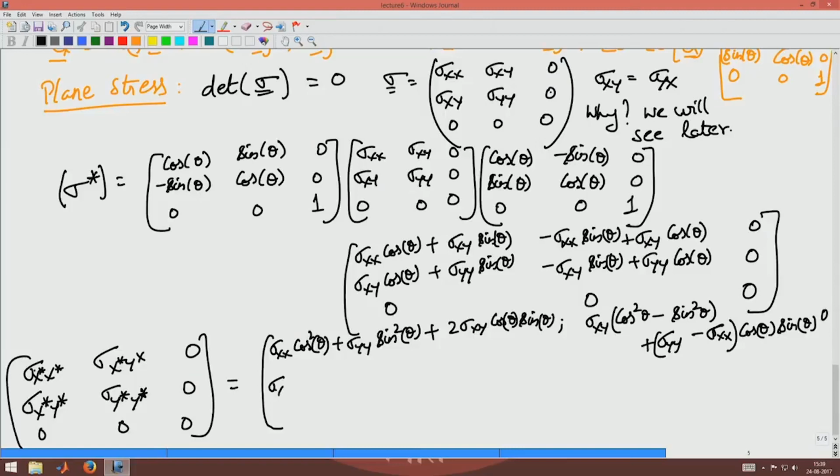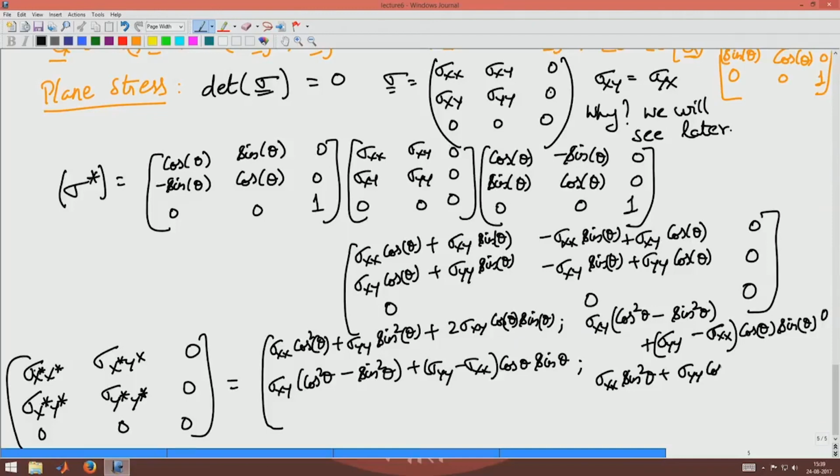Similarly, here this is going to be sigma xy into cos square theta minus sin square theta plus sigma yy minus sigma xx into cos theta sin theta, and the second term here is going to be sigma xx sin square theta plus sigma yy cos square theta minus 2 times sigma xy cos theta sin theta, 0, 0, 0, 0.